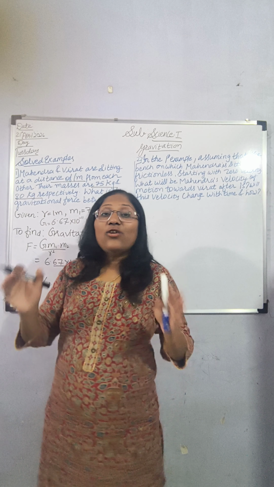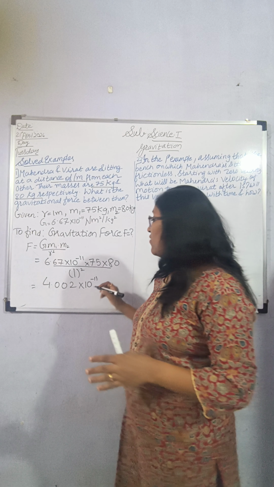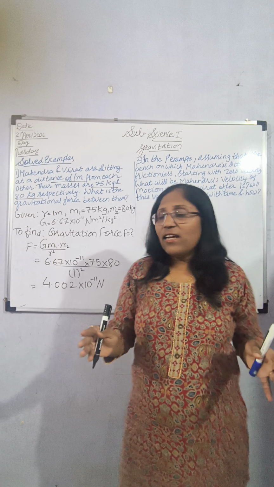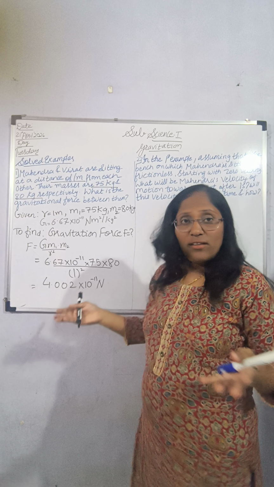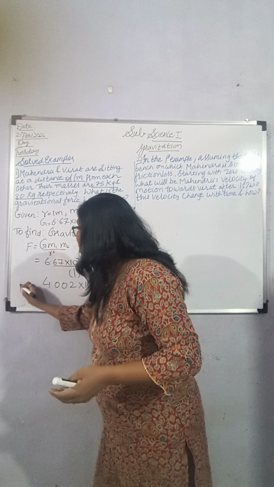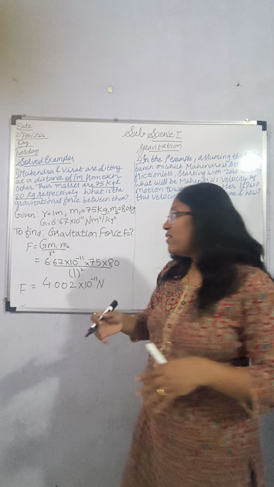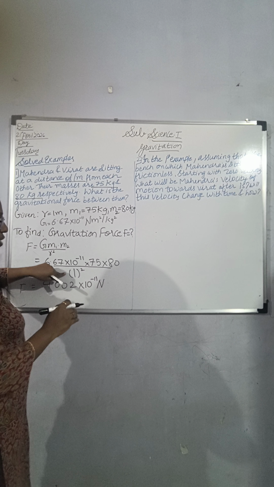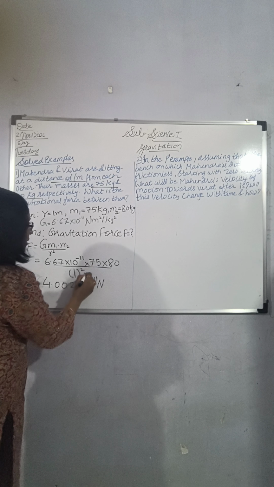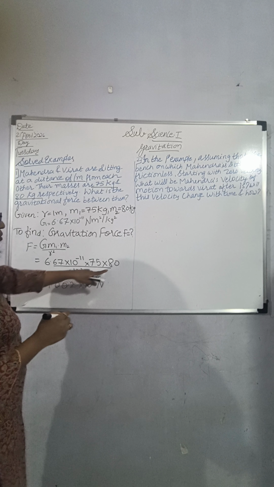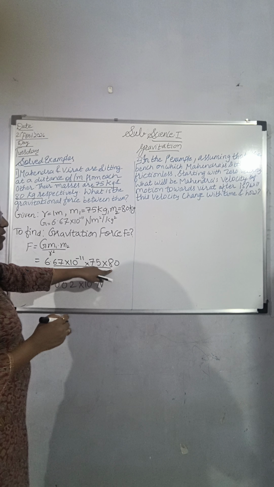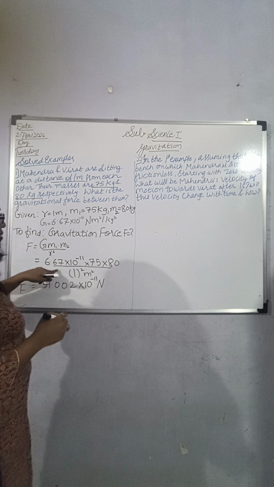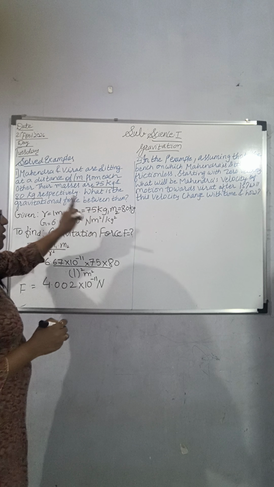What is the unit of force? Force is given in Newton. Now you must be thinking, why only Newton? Actually, it is the unit of force. But if we see it this way, distance is in meter square, mass is in kg, and G is given in Newton meter square per kg square.